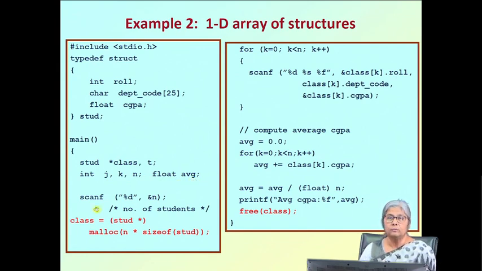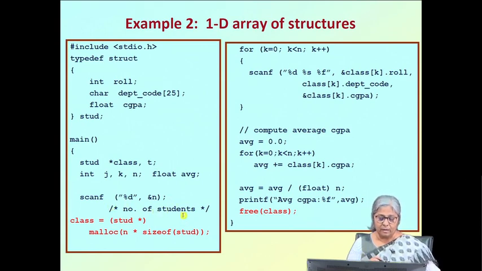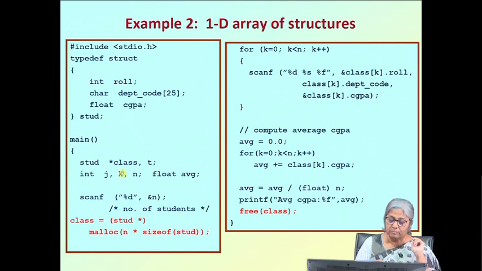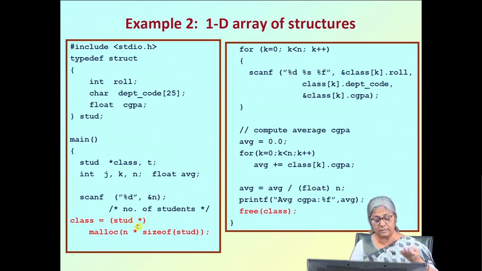So, first thing we read the number of students, as usual with scanf. Now we allocate dynamic memory. So, my pointer is class, type is stud. So, class equal to stud star, because stud is now a new data type like int, float, char. So, stud star typecasting we have done, pointer it, and then malloc n into, because I have number of students n.